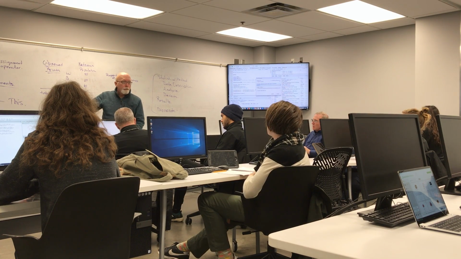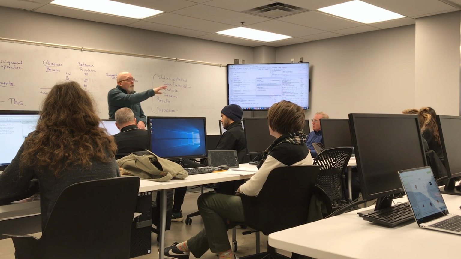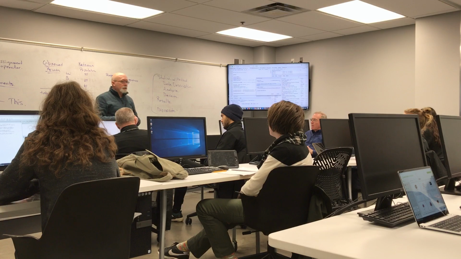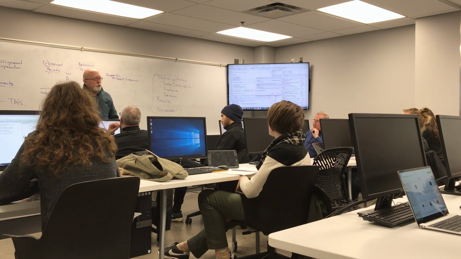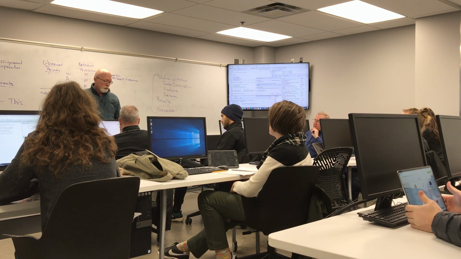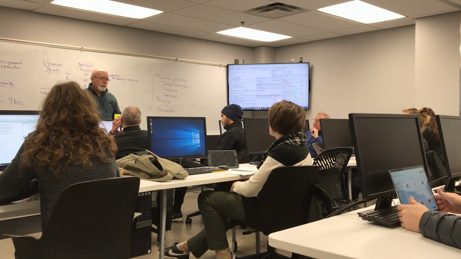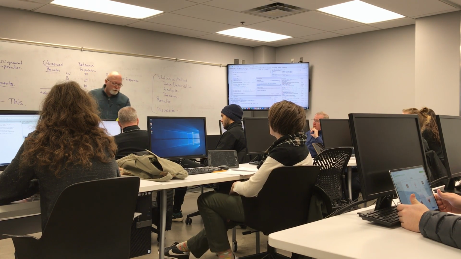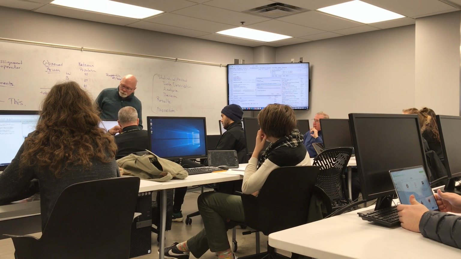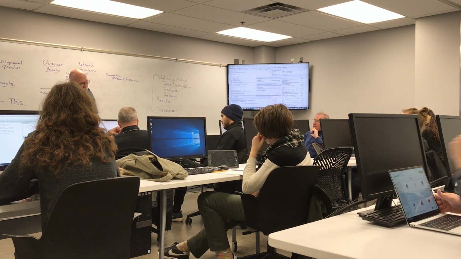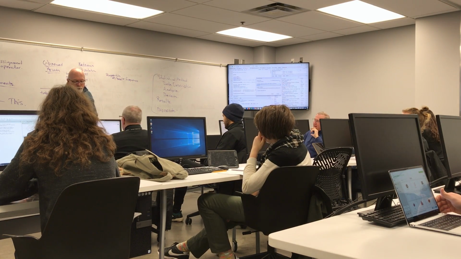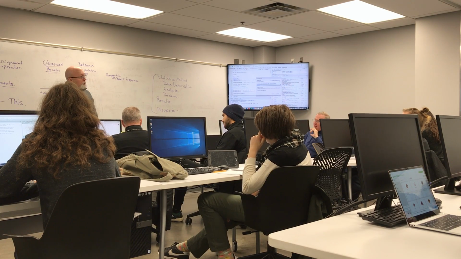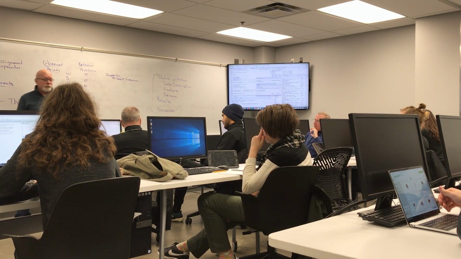I'm going to be up here, I'm going to give you a task, and then I'm going to be running around the room making sure that you're accomplishing the task. The Post-it notes are so that when you're done with the task, you put your green Post-it note up, and then I know that you've successfully finished that task. If you've tried that task and something went wrong, and something always goes wrong, the orange one basically says, I'm trying to complete the task and it's not working, can you please come and help me?